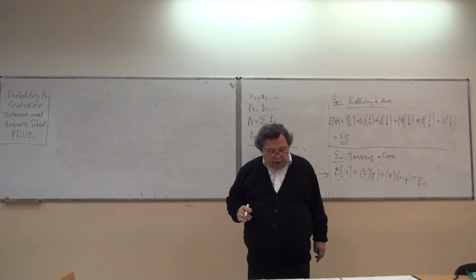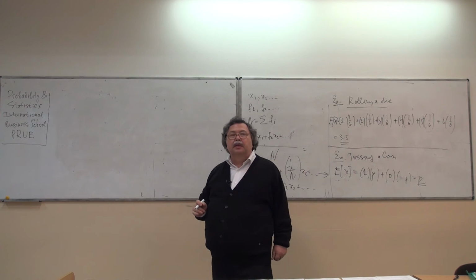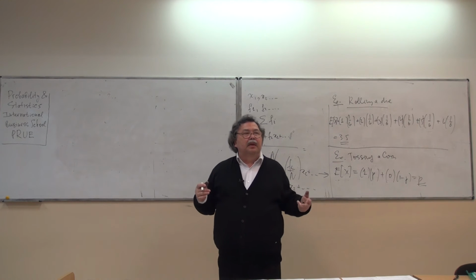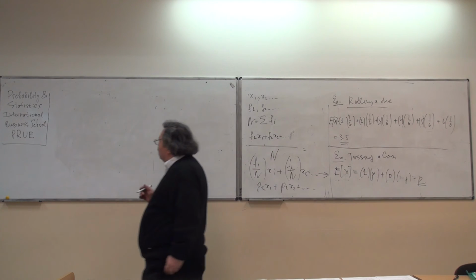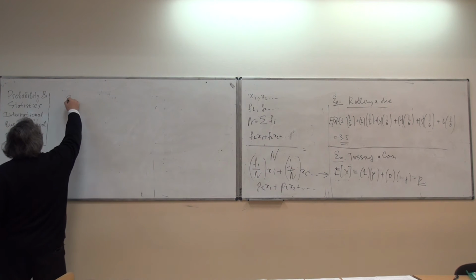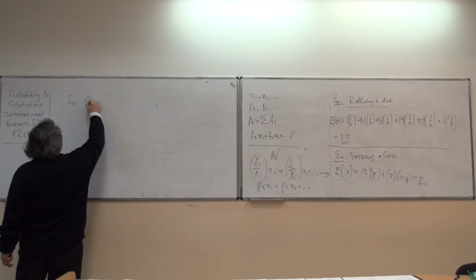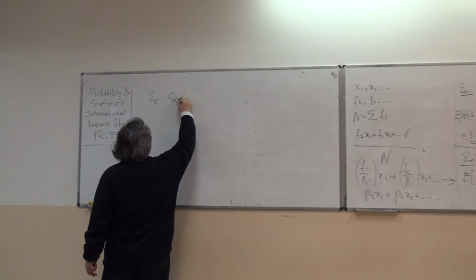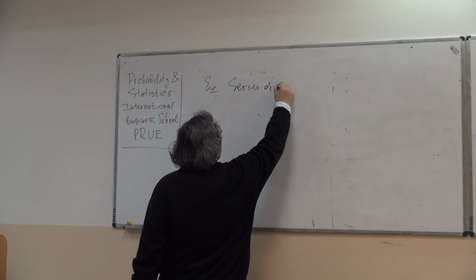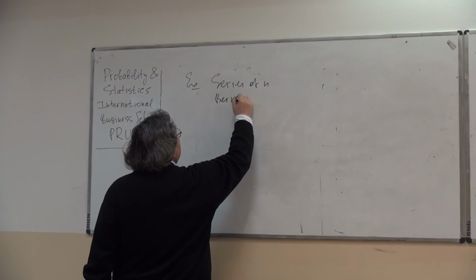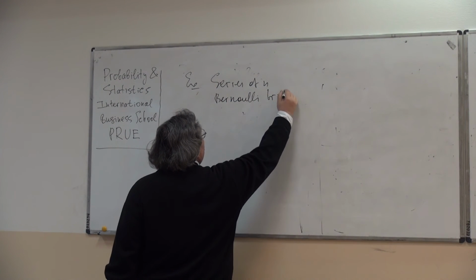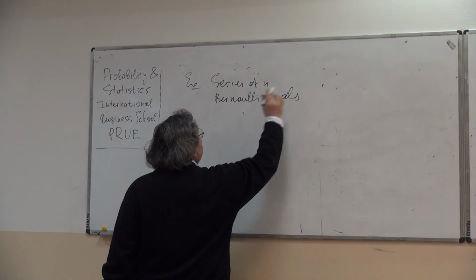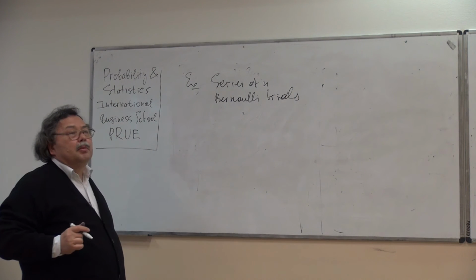Now, what is the expectation of a series of random variables distributed by the Bernoulli law? So, expectation in a series of n Bernoulli trials. Okay, so it's the binomial distribution.